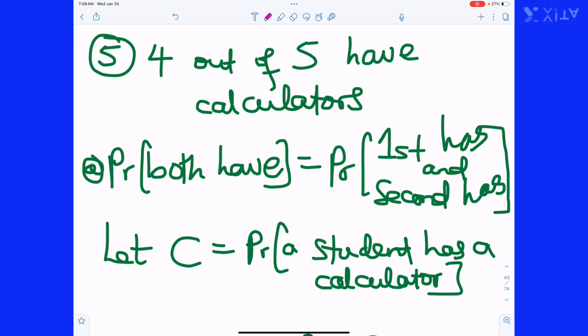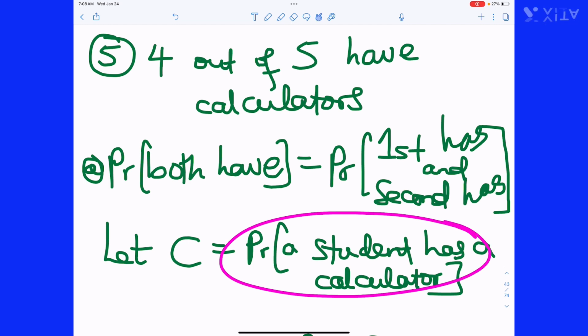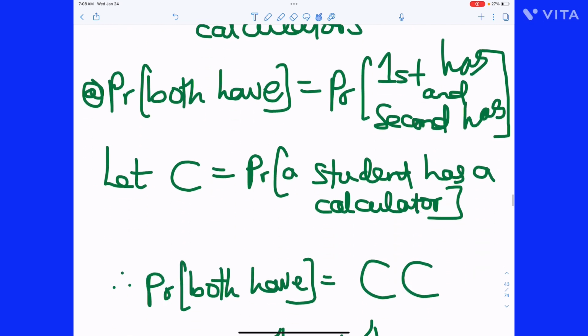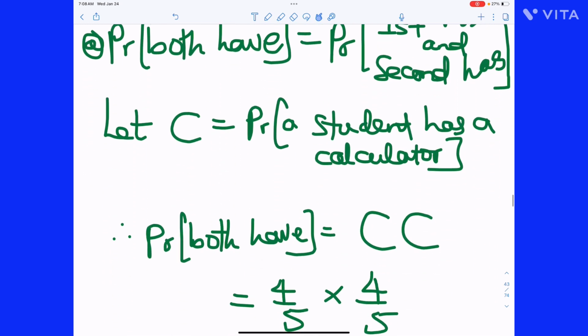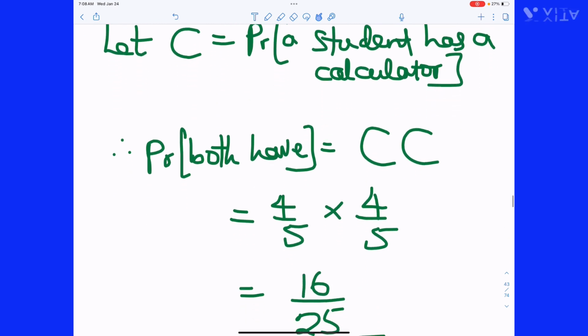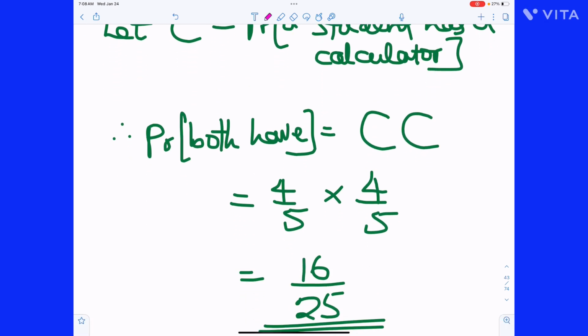Exactly. Now it says, let C be the probability that a student has a calculator. If C is the probability that a student has a calculator, that means probability that both of them have a calculator will be C times C. Exactly. The probability that a student has a calculator is 4 over 5 because 4 out of 5 have a calculator.